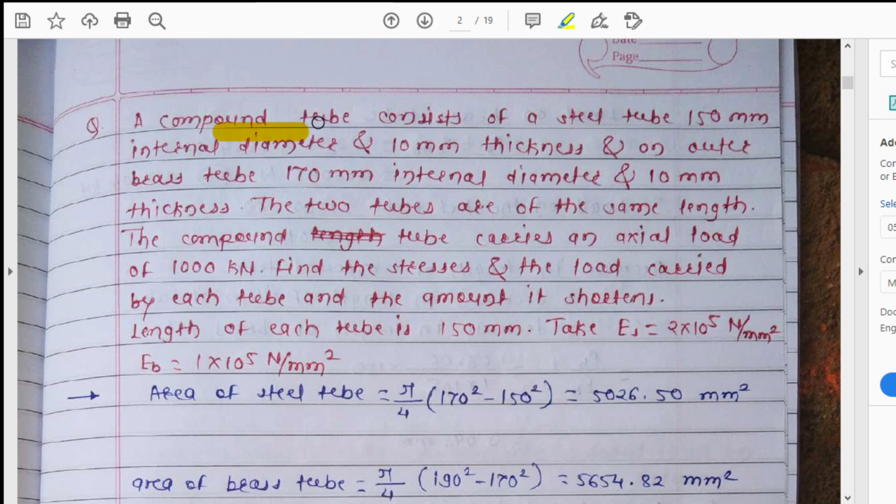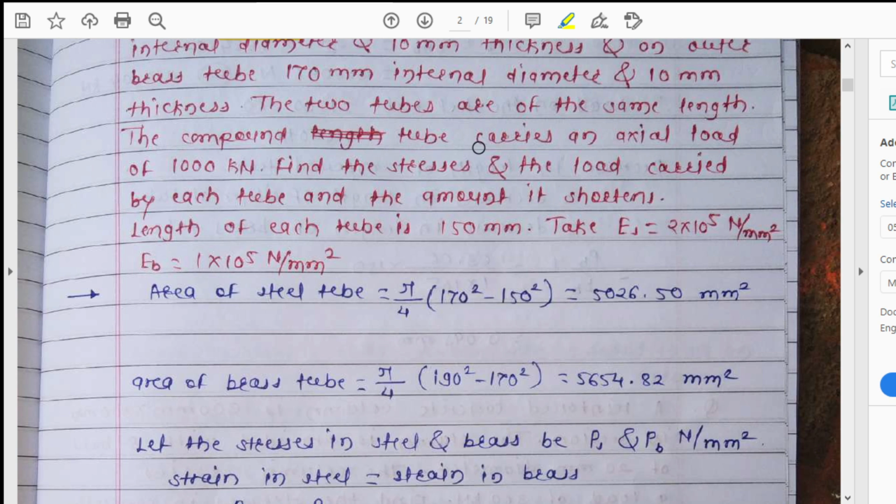Okay, a compound tube which has a steel tube and also a brass tube. The steel tube has 150 internal diameter, 10 mm thickness, and the brass tube has 170 mm internal diameter and 10 mm thickness. Now these two tubes are of the same length.